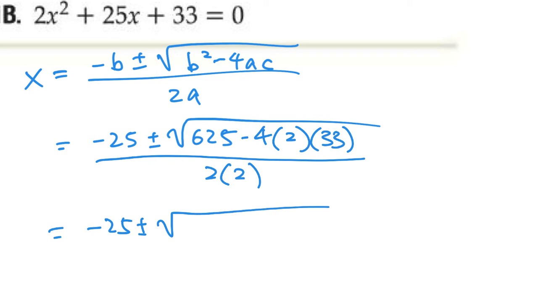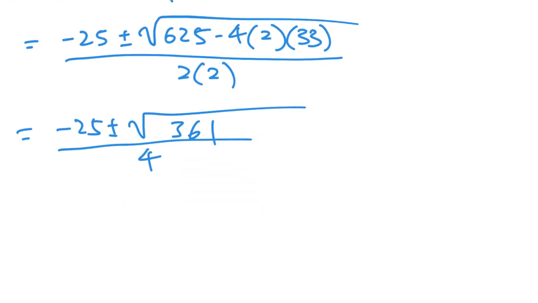So 625 minus 4 times 2 times 33 equals 361, over 2 times 2 is 4. This is equal to negative 25 plus minus square root of 361, which the calculator gives me 19, over 4.